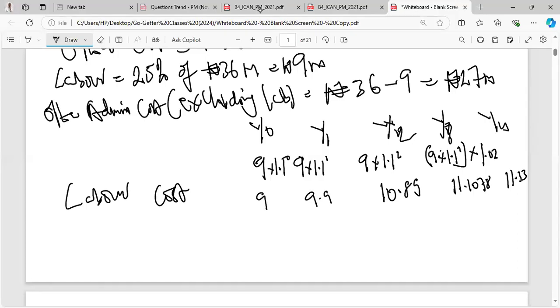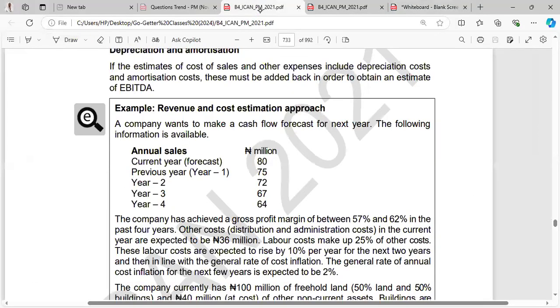Then we said other costs will rise by 2% alone.